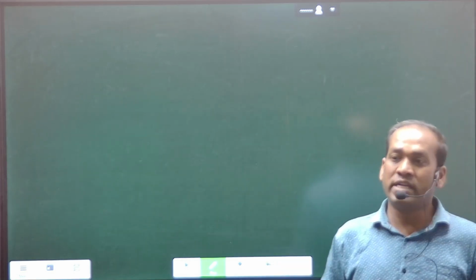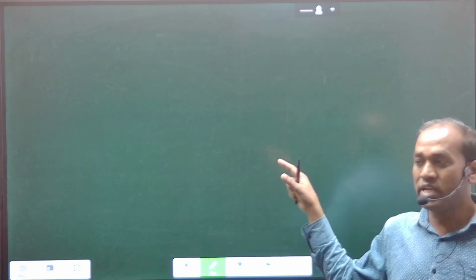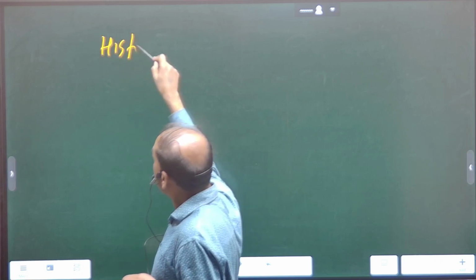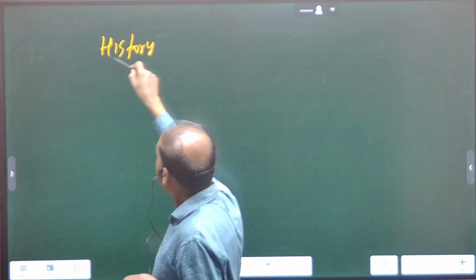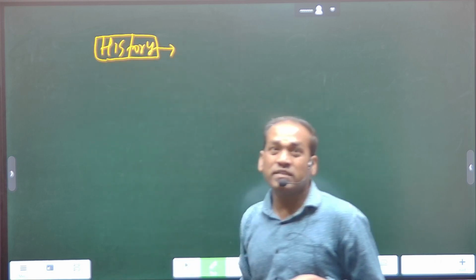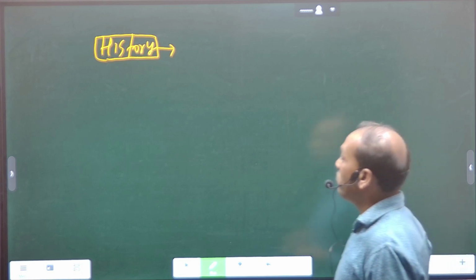Okay, so let us understand the categorization of history. History is basically divided into three main parts.